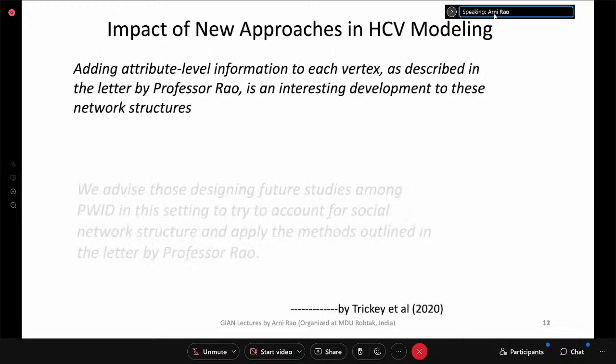And then that's the impact of the new HCV modeling. This is not by me. Other articles published have written that. This sentence is taken from other published articles, copy pasted as it is. They say that attribute level information at each vertex, as described in this letter to the editor by myself, is interesting, and these new network structures can form.